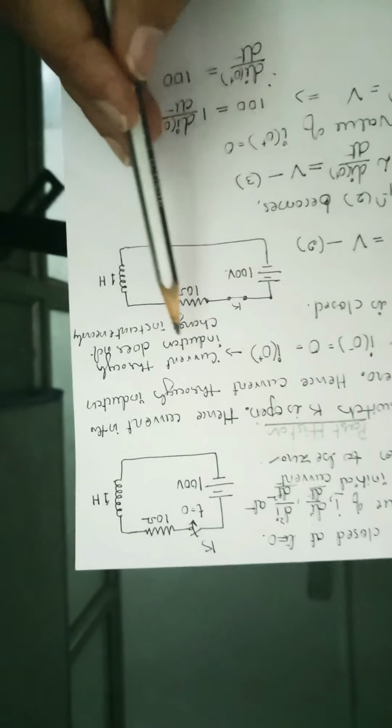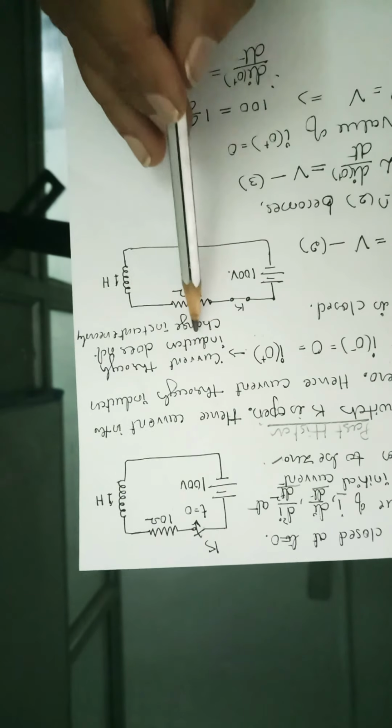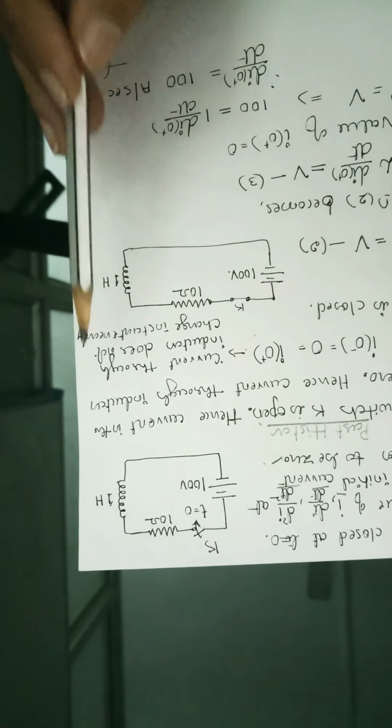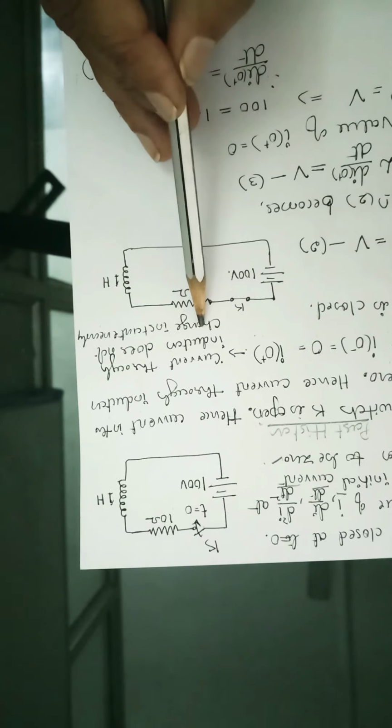Since current through an inductor does not change instantaneously. Whatever the current was there before operating the switch, that will be the current in an inductor soon after closing the switch, that is at 0 plus.